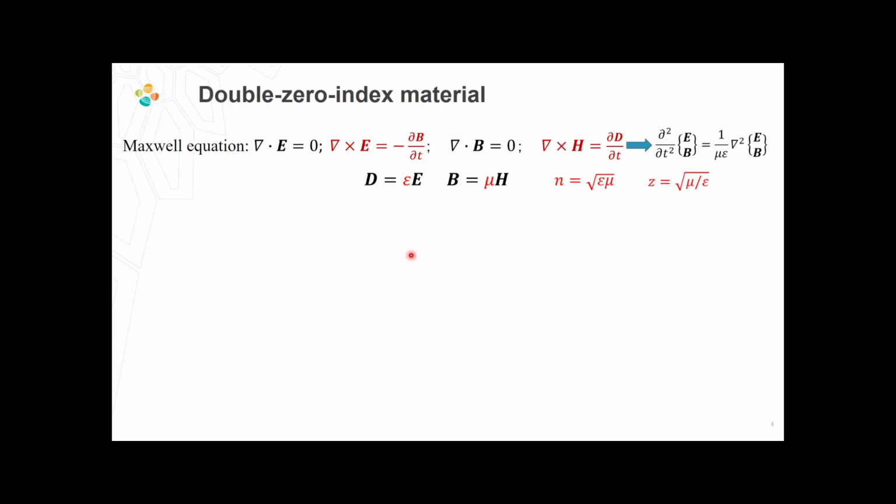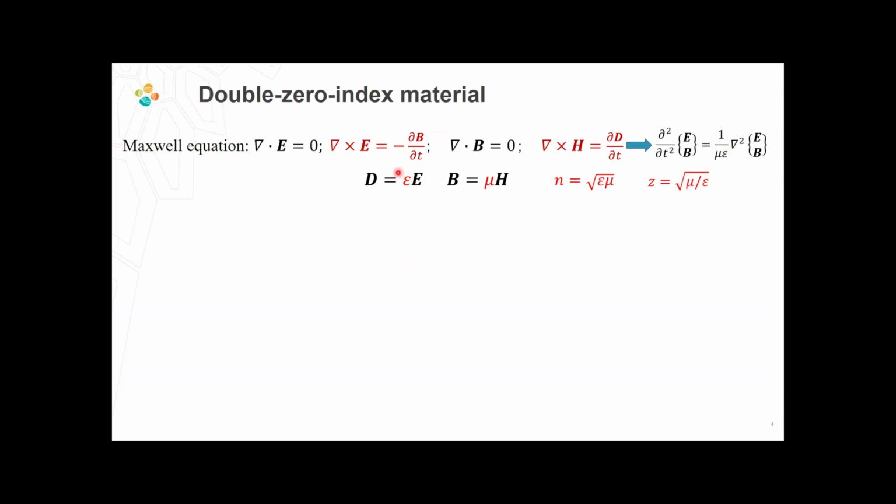First, I would like to give you some introduction to these double zero index materials. If we look at Maxwell's equations as an example, we have four equations, and from these two red ones, we can derive the wave equation.